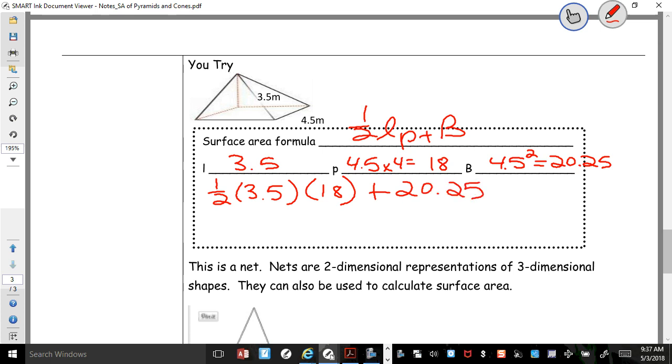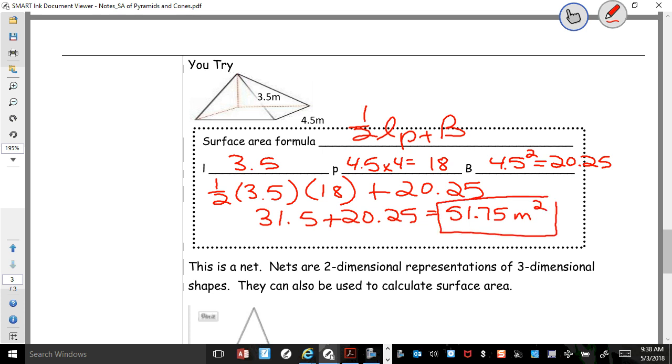So on your calculator, 1/2 of 18 is 9, times 3.5 is 31.5. Then 31.5 plus 20.25 is 51.75. Yes. Questions on that one?